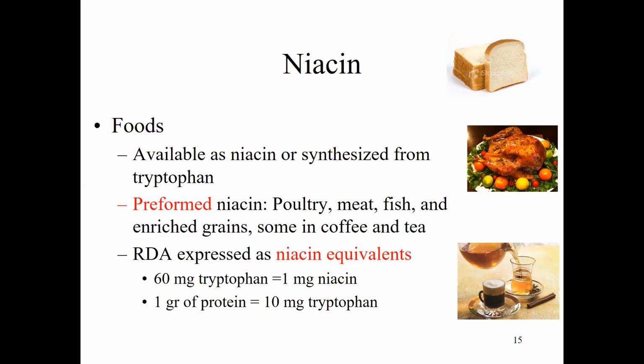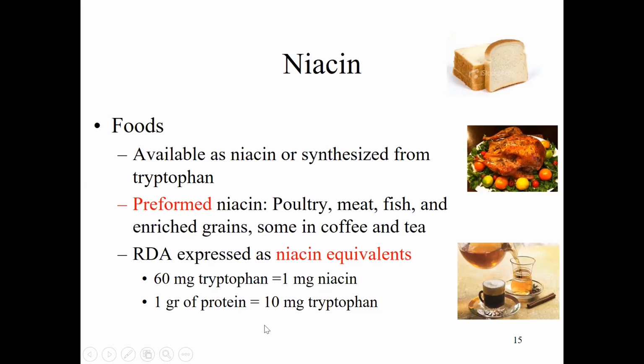Because we have different forms of niacin, we actually express the recommended dietary allowance as niacin equivalents. Again, we can make it from protein and specifically the amino acid tryptophan. So for every 60 milligrams of tryptophan in a food, that's equivalent to 1 milligram of niacin.